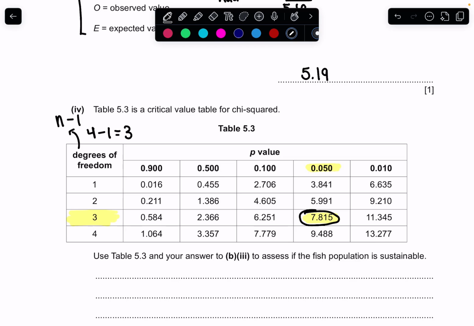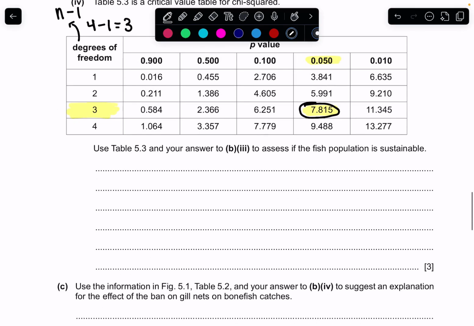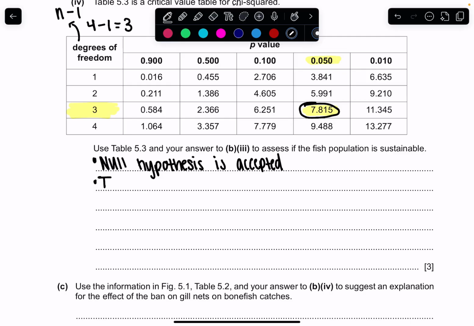And that is because our value calculated is less than the critical value. So null hypothesis is accepted. There is no significant difference.